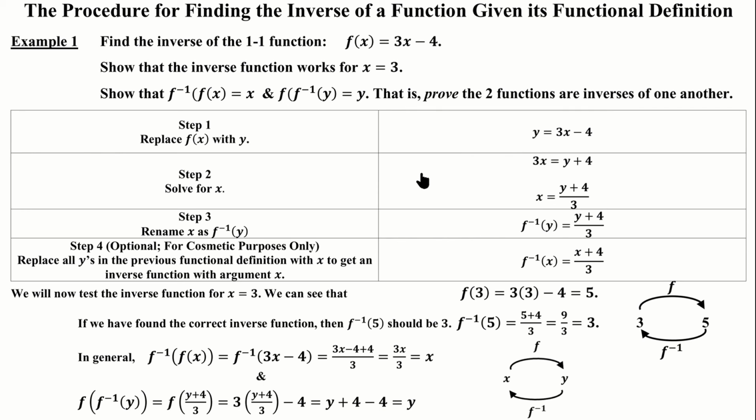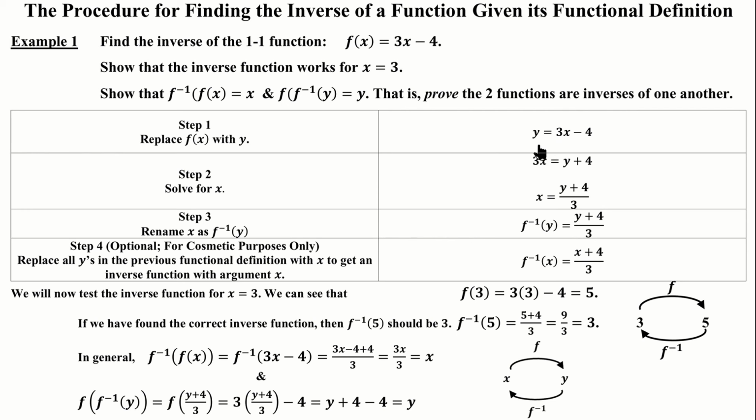For step 2, we're going to take this and solve it for x. So I move the -4 to the other side, and we get 3x equals y plus 4. Notice I just turned them around to make it so that the x is on this side for aesthetic purposes.